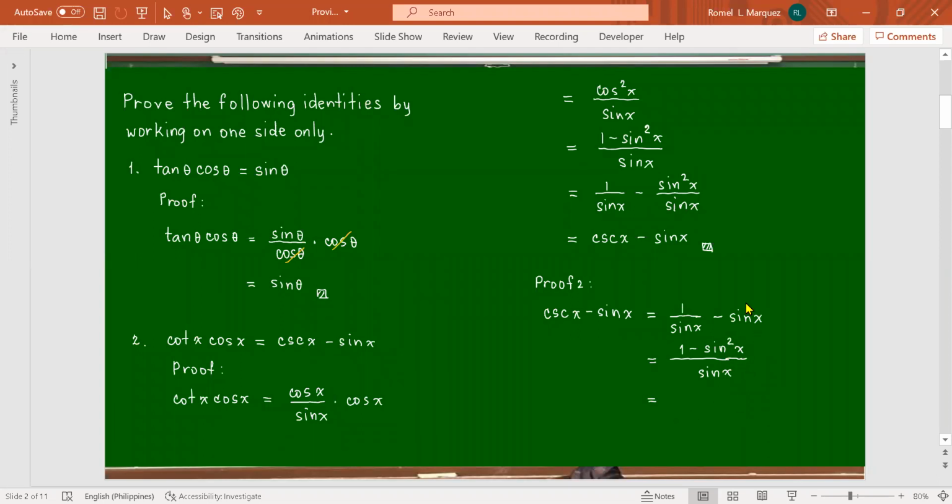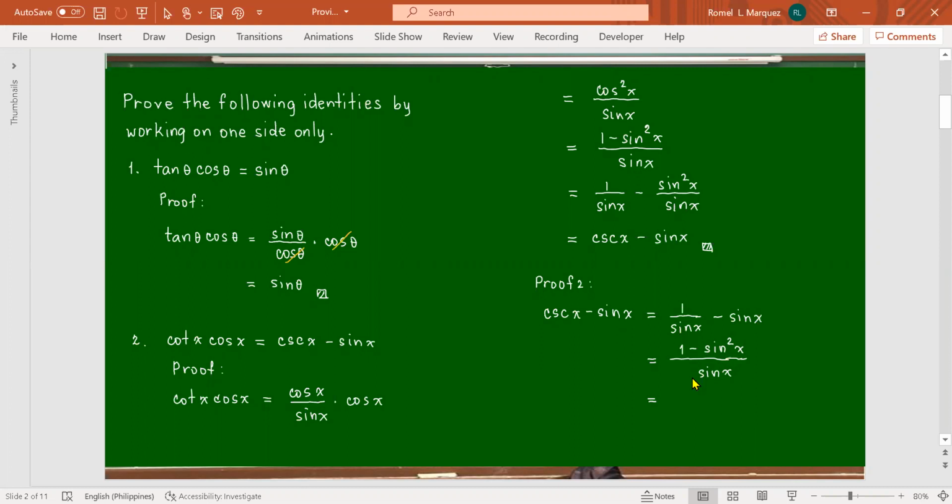So this is now one term already, just a single fraction. Looking at the numerator, what identity reminds you of 1 minus sine squared x? That is from Pythagorean identities.